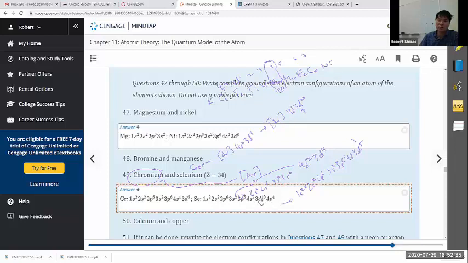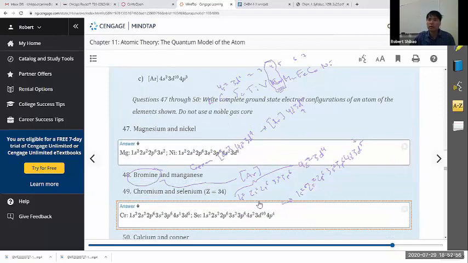Sometimes the Ds can participate as valence, even though these are inner, much smaller orbitals, if it's a partially filled D. So for example, chromium: what are the common charges of chromium?